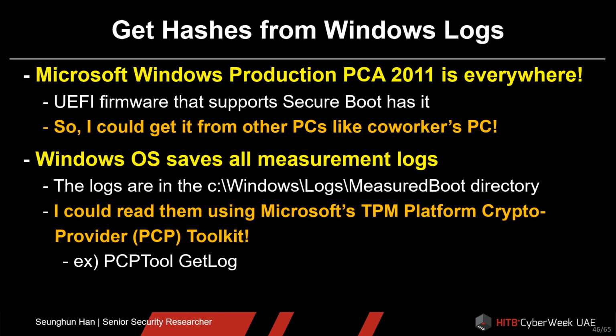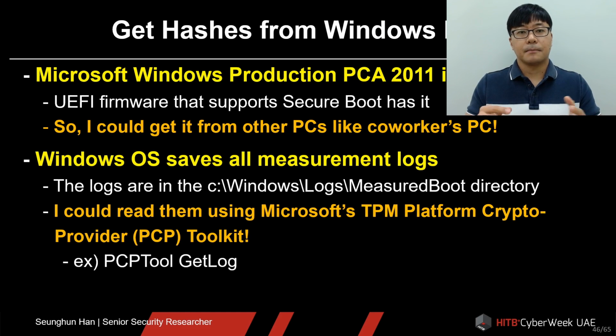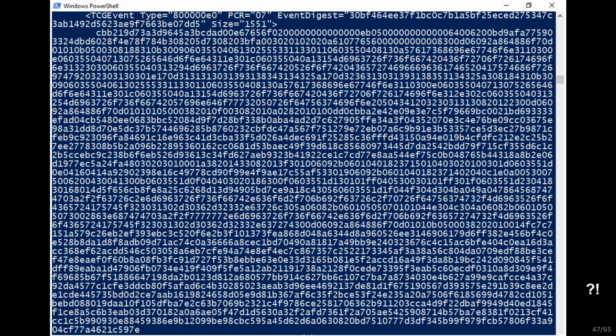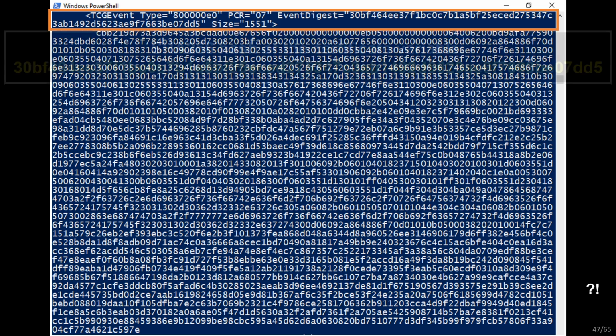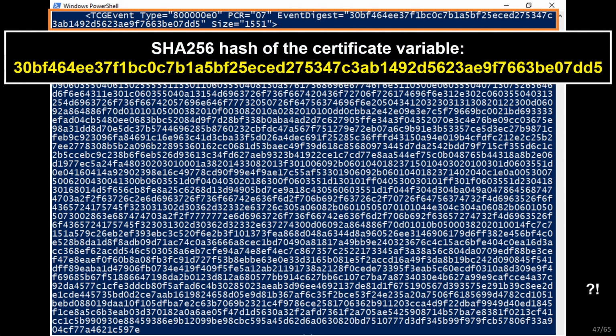Fortunately, getting a hash of Microsoft Windows Production PCA is easy because secure boot has been widely deployed and I could get it from other PCs. Additionally, Microsoft Windows also saves measurement logs, so I could get it from the Microsoft TPM PCP toolkit. This is the result of the PCP toolkit, and this is the hash of the Windows Production PCA certificate.